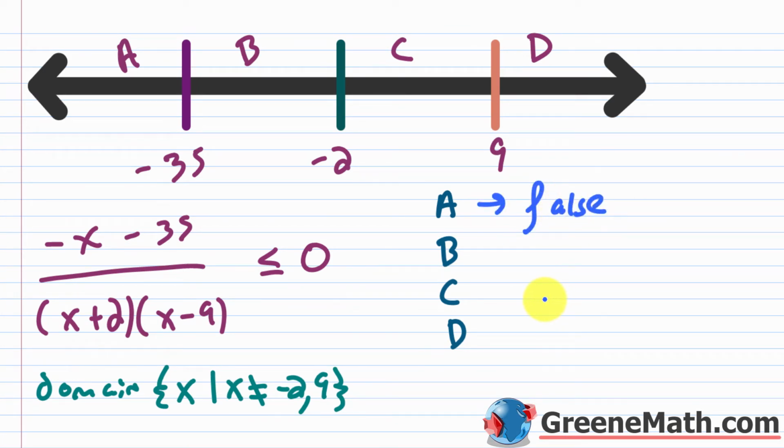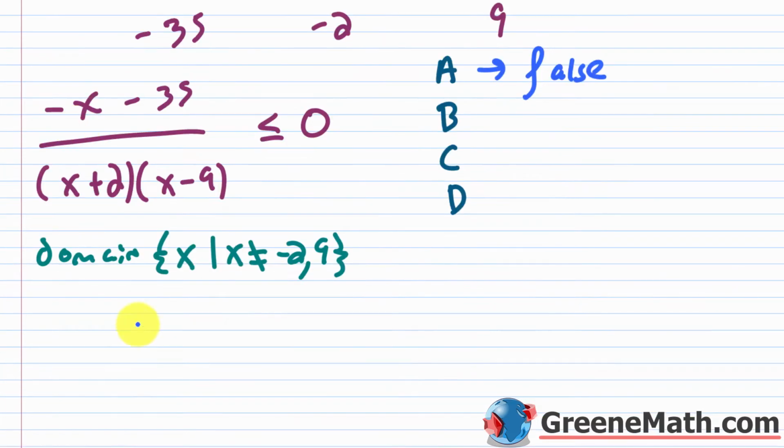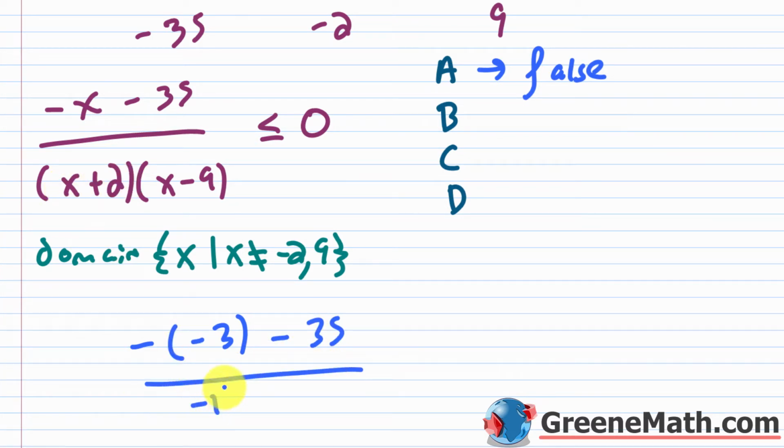And then for B, let's pick something like -3. We'll have the negative of -3, then -35, over -3 plus 2, which is -1, and then -3 minus 9, which is -12. The negative of -3 is 3, and 3 minus 35 is -32.